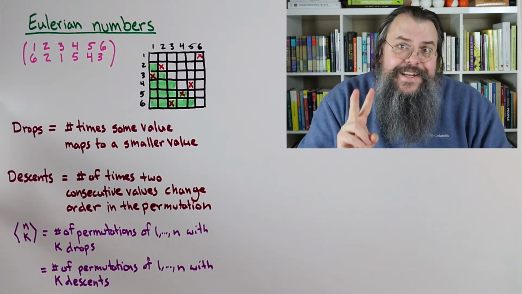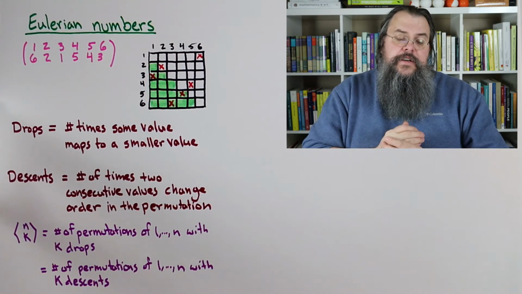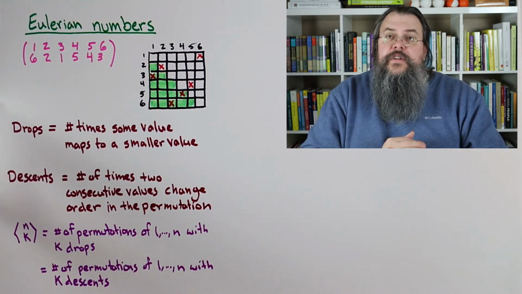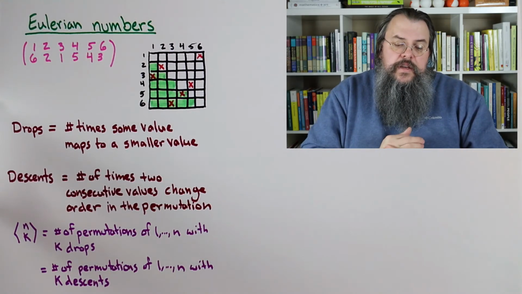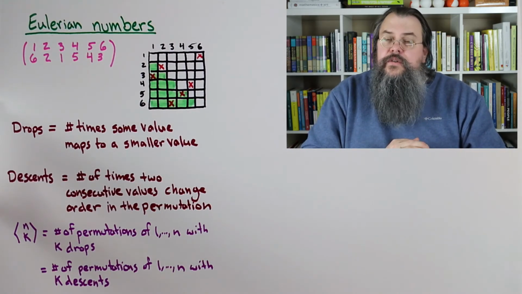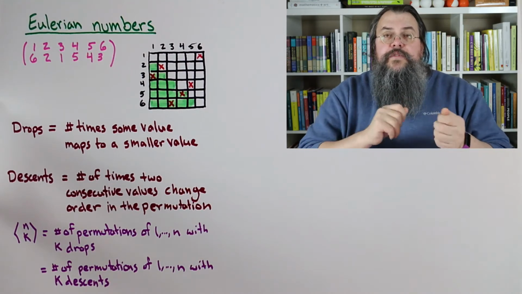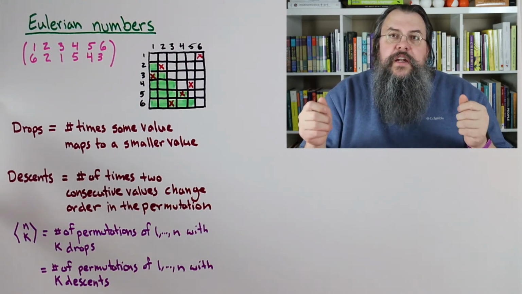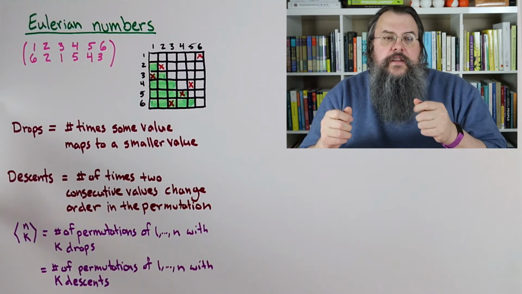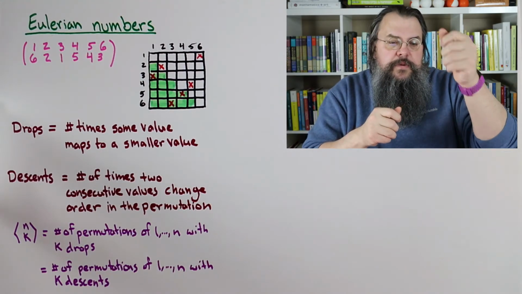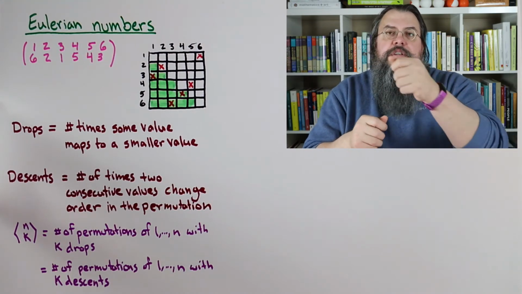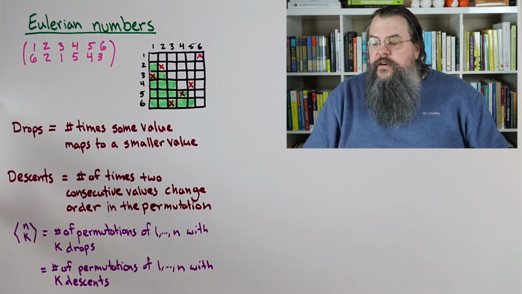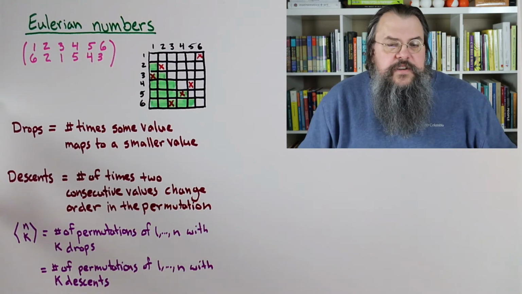There's a second idea, and that's called descents. So what's a descent? A descent is a place where two consecutive values go from larger to smaller. Again, if you have people standing in line, and a person who was before me all of a sudden becomes a person after me, that's a descent. So how do you find descents? They're actually fairly simple.